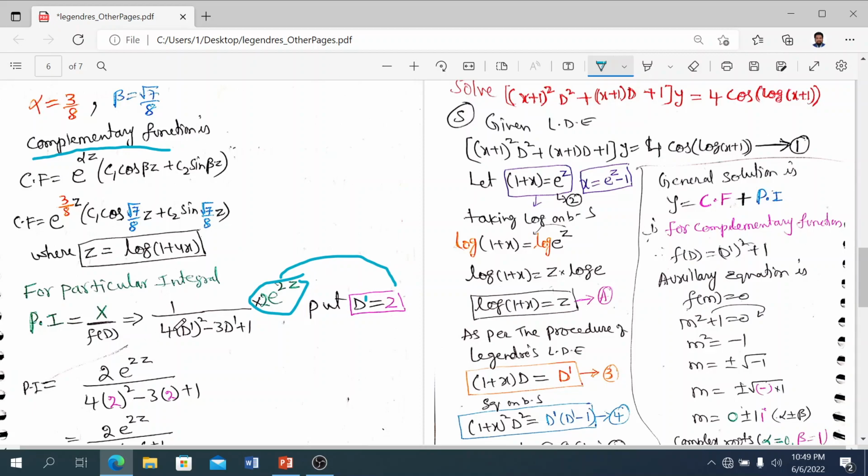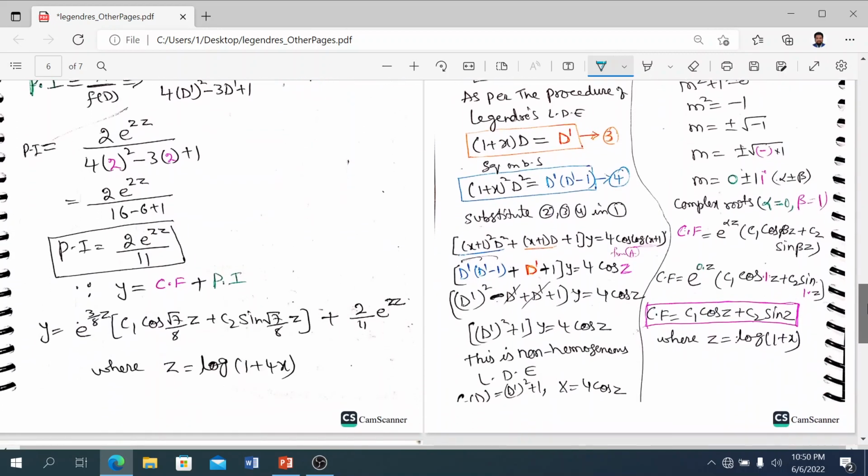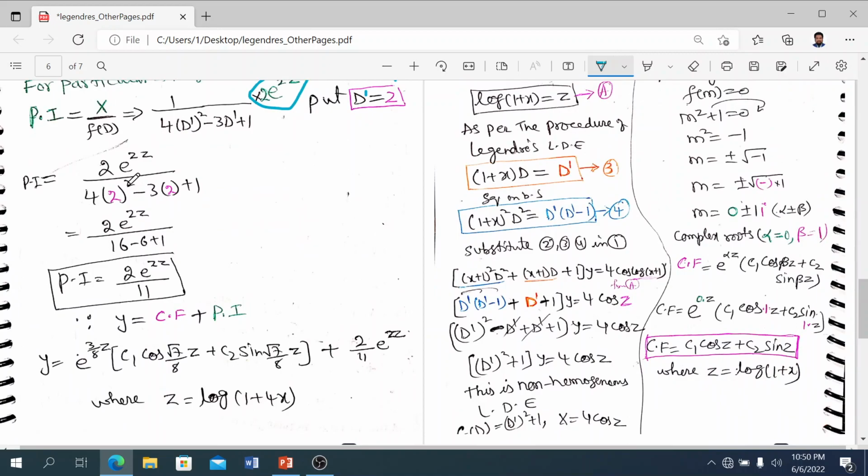So 2 e power of 2z by 4 into (2 whole square) minus 3 into 2 plus 1. So 2 square 4, 4 fours are 16, minus 3 twos are 6, plus 1. 16 minus 6 is 10, 10 plus 1 is 11. So particular integral is 2 e power of 2z by 11.